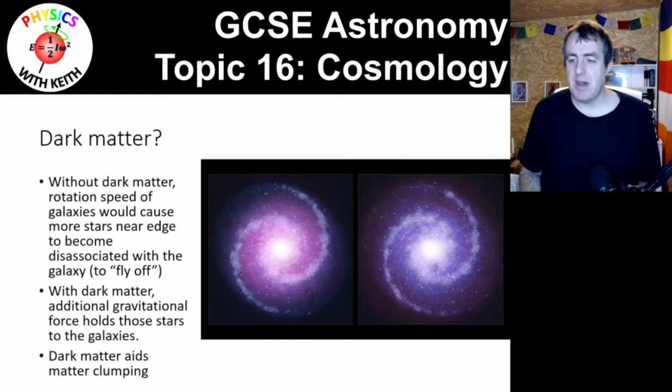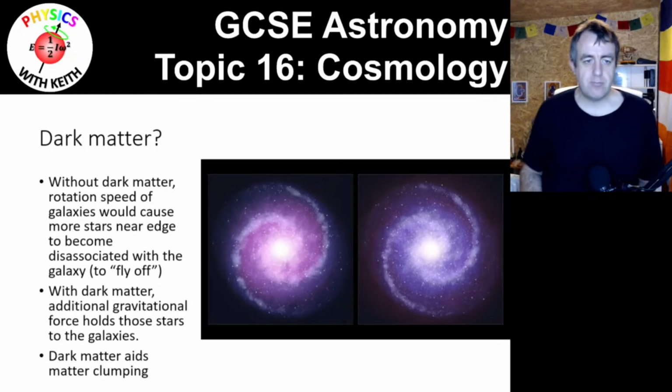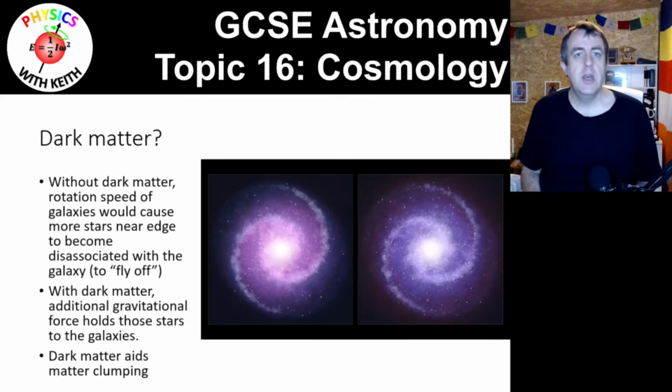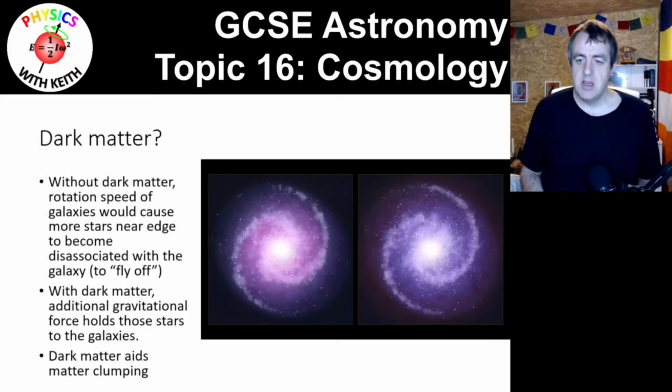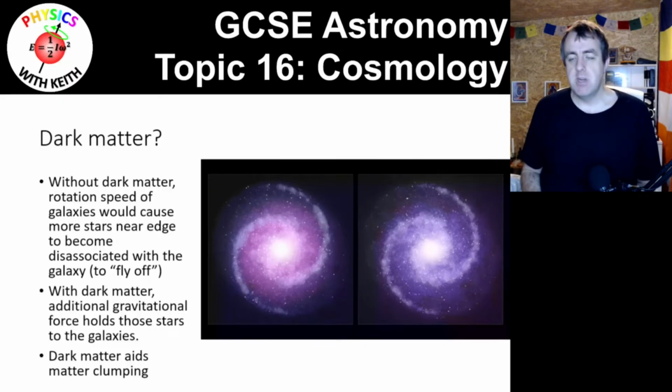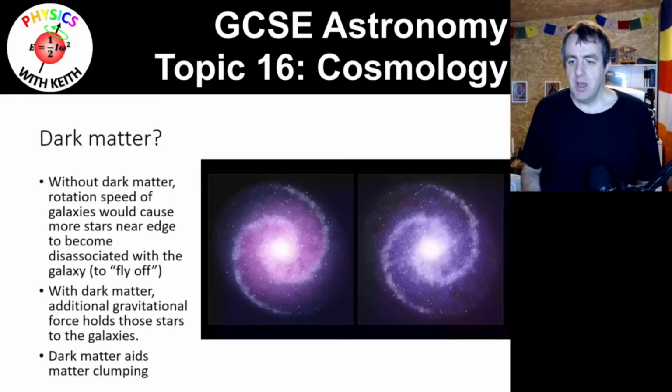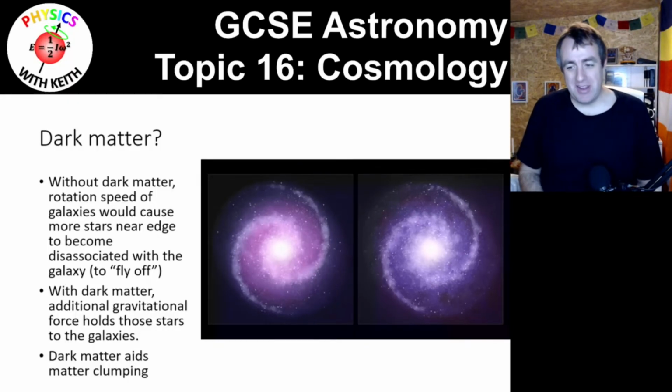Let's have a little think about dark matter. Can't get through a GCSE astronomy course without thinking about this stuff. What is it? Don't know. There we are, that was quick. But we do know a lot about it.